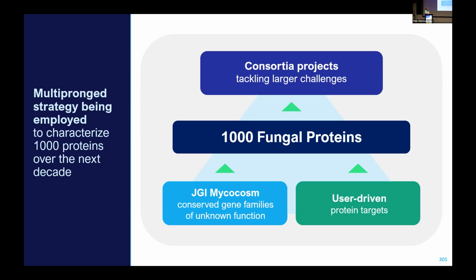As I mentioned, we're working with the JGI Mycocosm database in order to solve or characterize proteins from the conserved families of unknown function. But in later years, as we ramp up the automation and overall productivity, we're also planning to engage larger consortia projects where we pull in multiple investigators from multiple universities to tackle really large challenges like fungal regulation networks and so forth.